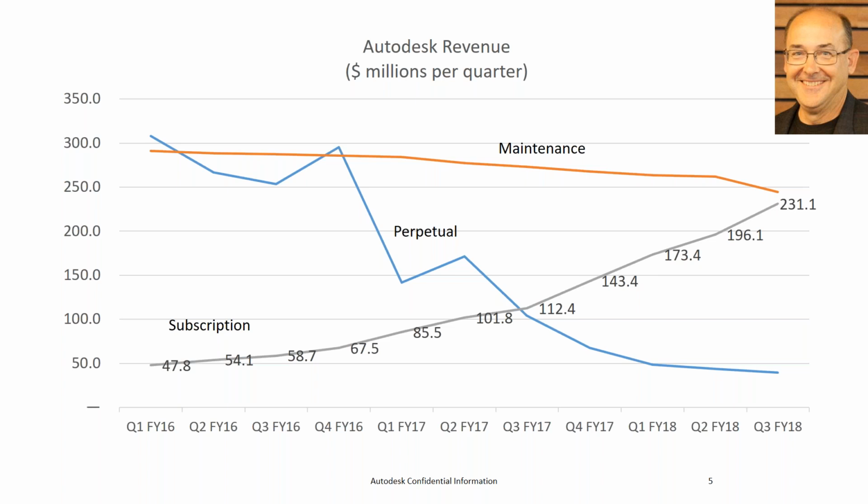It's quite linear. Quarter by quarter, adding 140,000, 150,000, 160,000 new subscribers, and we're just reaching that crossover point, where subscriptions are bringing in more revenue and more customers than any of the other business models Autodesk has.